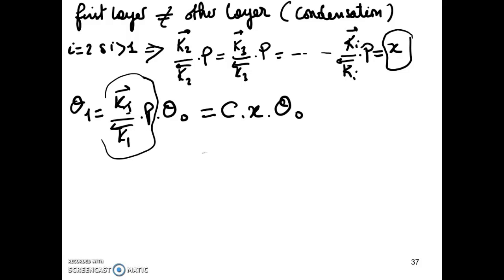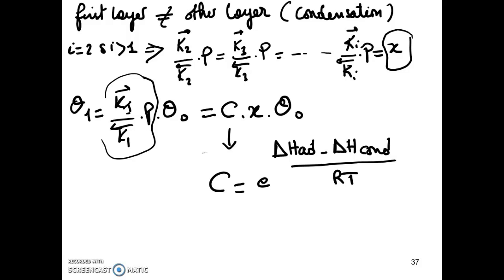The difference between them is that here we have adsorption, and thus the BET scientists defined Q1 adsorption over Q1 desorption times P as Cx, where C is a factor dependent on delta H adsorption minus delta H condensation, or L, over RT. So this C factor, a factor of the BET isotherm, is directly correlated with the enthalpy of adsorption of the first molecules over the substrate.